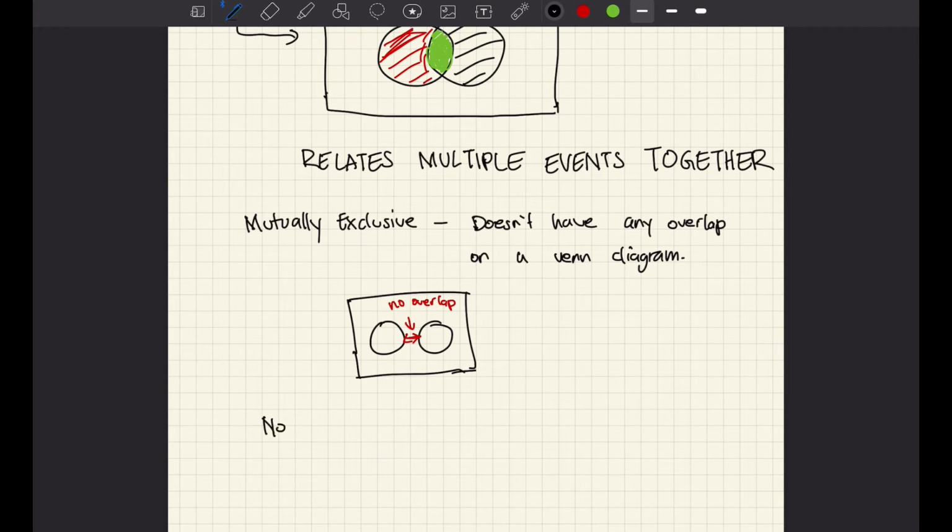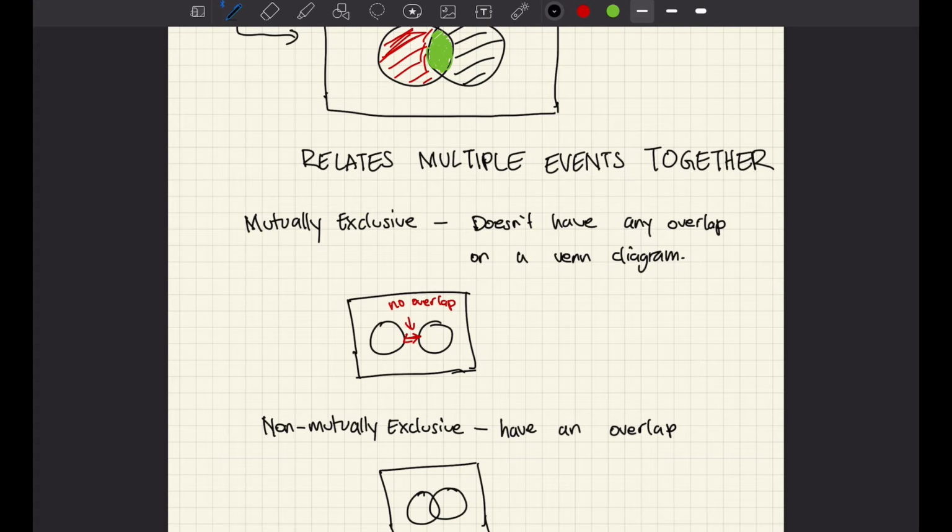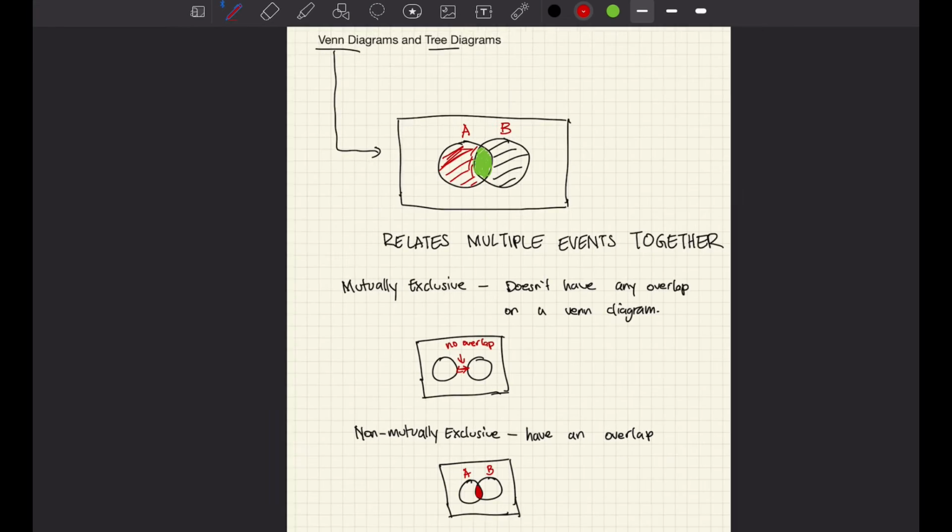Non-mutually exclusive events have an overlap. Again, not the official definition, but it's a nice, easy way to think about probabilities. So this has an overlap right here between, let's call it A and B, which means they're non-mutually exclusive.